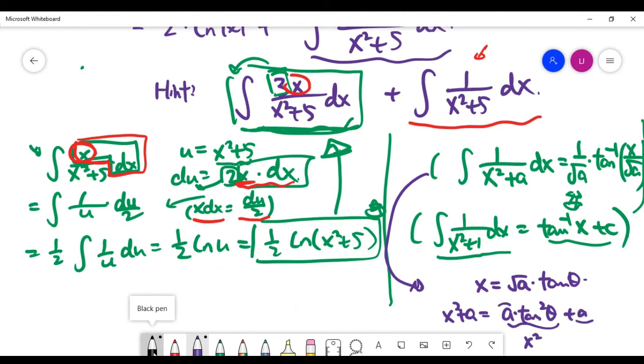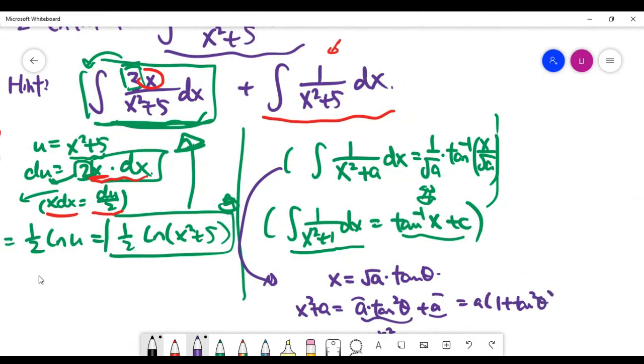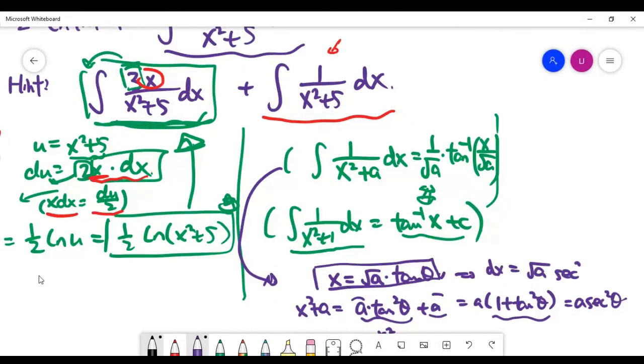And if you pull the common factor a out, you have 1 plus tangent square theta inside the bracket, and this one is secant square theta. And also, from the first substitution, usually you need to find dx. Dx is square root of a secant square theta d theta, secant square theta because you need to differentiate tangent theta.